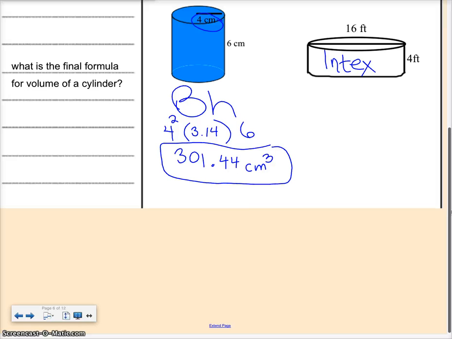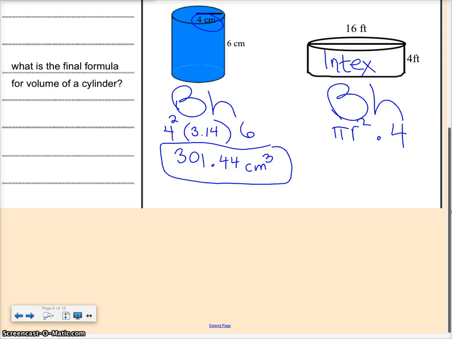Okay. All right, so if I want to find the volume of this, well, I got big B times H. Notice I always start with what I know, big B times H. The base is a circle, so I know that it's pi r squared times the height, which is 4. Notice I didn't write what the r squared was because I don't know r. I only know diameter right now.